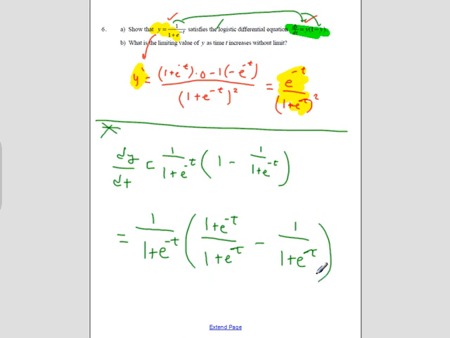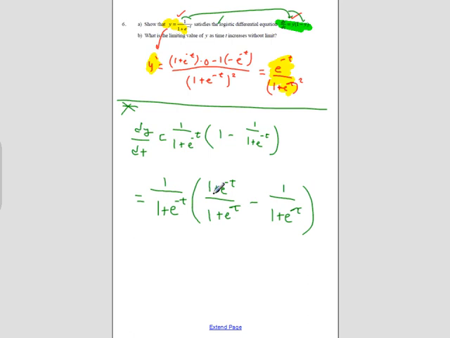So this is just good practice in algebra, in terms of rearranging equations and doing an algebraic proof. So now if we combine these terms, inside the parentheses is just e to the minus t over 1 plus e to the minus t.